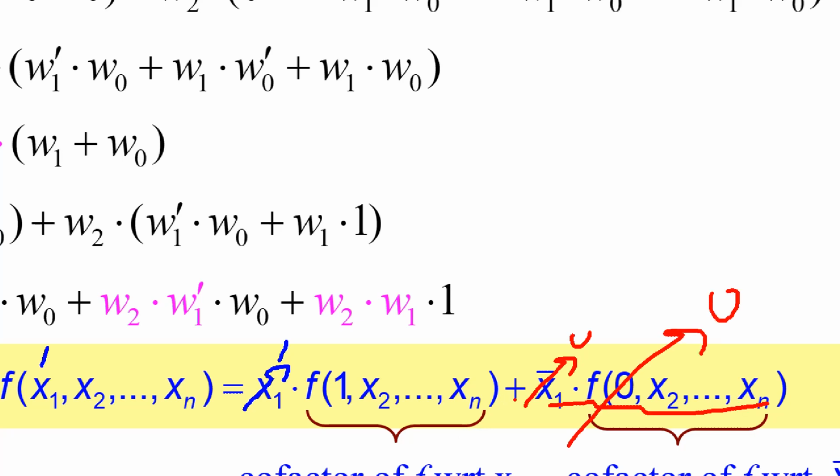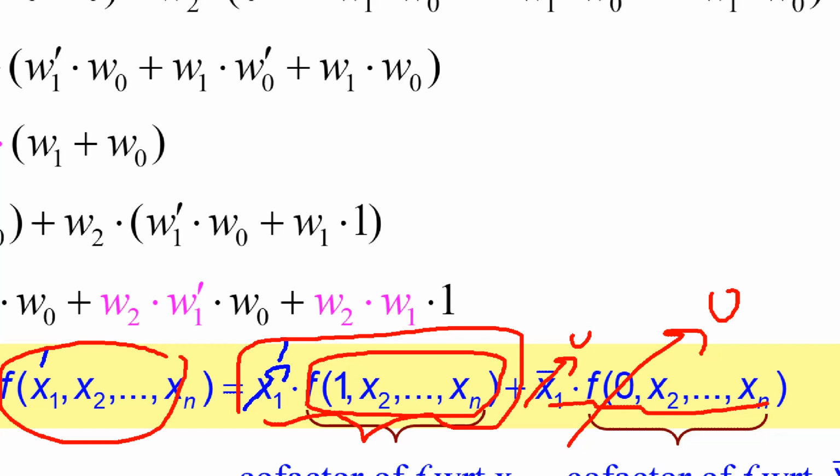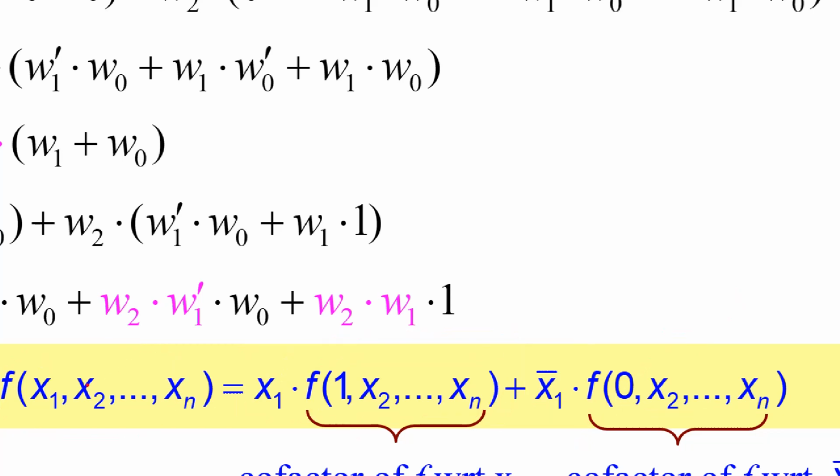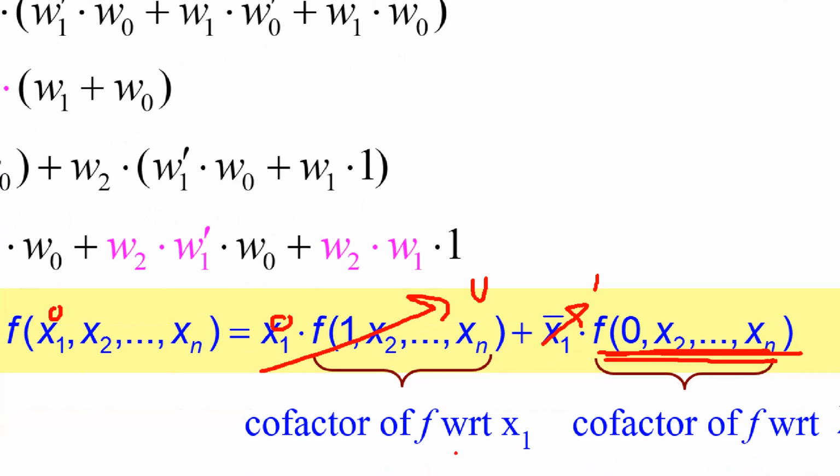So it becomes this. So 1 and this one, also this one, the same. When x1 is 0, this term becomes 0. This term becomes 1. And this function, when substituting the value of x1 by 0.